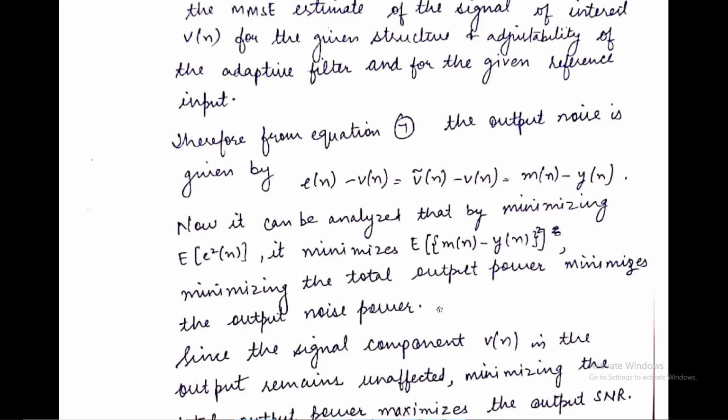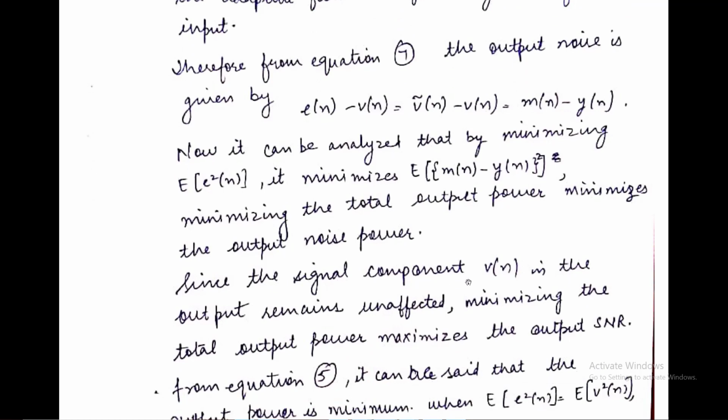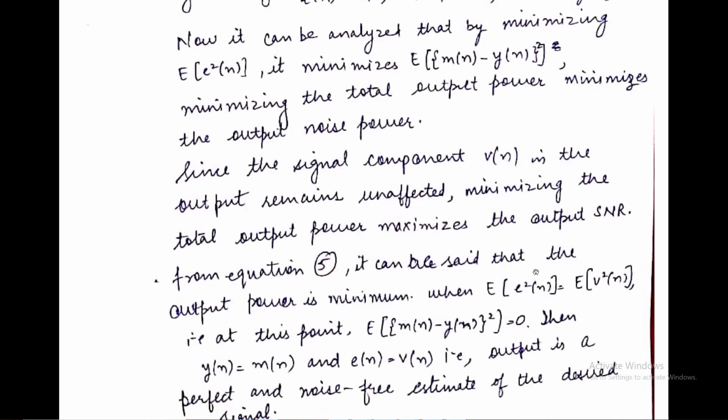Now the signal component Vn in the output remains unaffected. Basically, when we minimize the output power, it will minimize the noise, but the signal component will remain unaffected. So what will happen? It will maximize the SNR, that is the signal to noise ratio.